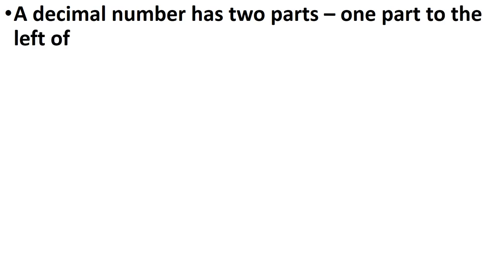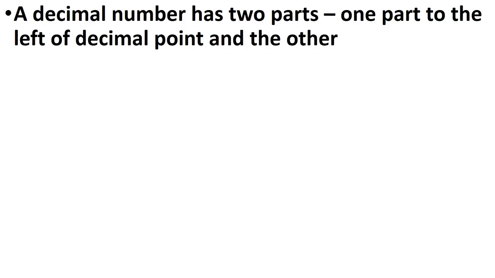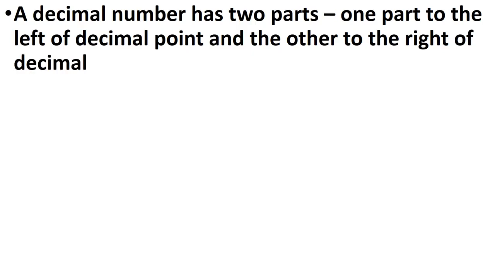A decimal number has two parts: one part to the left of the decimal point and the other to the right of the decimal point. This we all know.